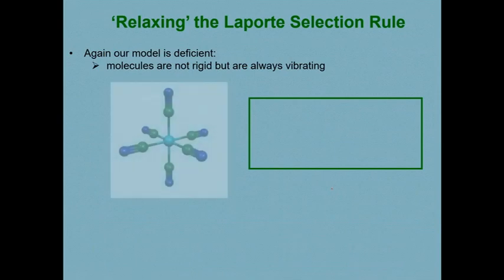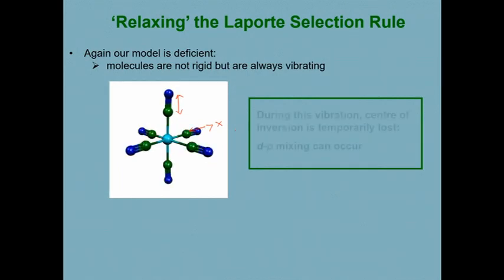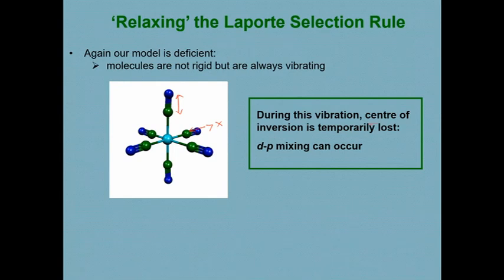So relaxing the Laporte selection rule: molecules are not rigid. So here is the vibrating molecule, and these are different vibration patterns. All types of vibrations are there: symmetric, asymmetric, bending, stretching. During this vibration, the center of symmetry is temporarily lost.